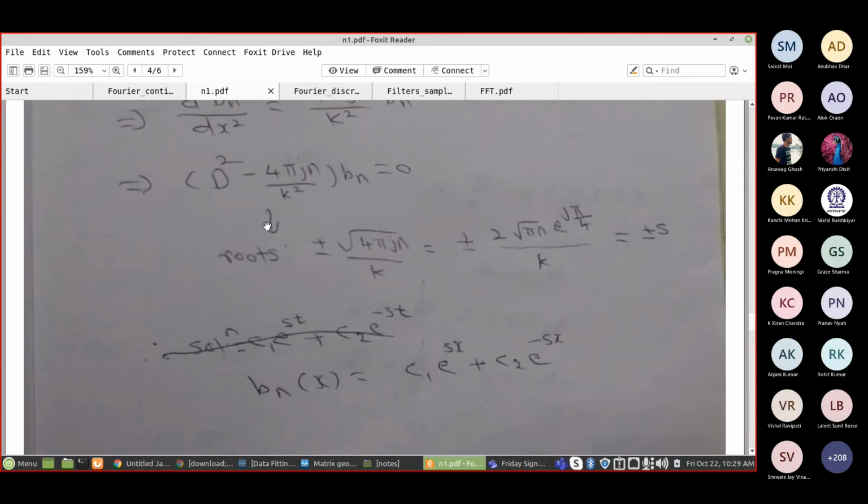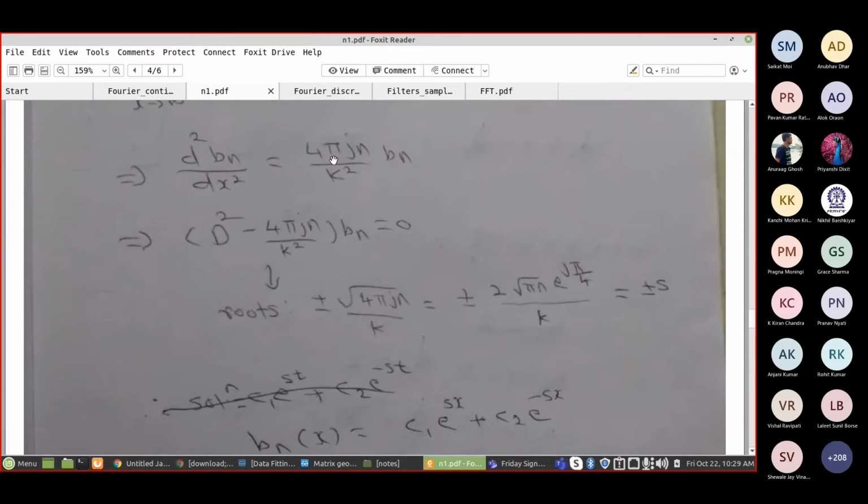So roots, let's take the square root of this. This turns out to be 2 comes out, root of pi n stays, and the square root of j is this quantity, which you can verify easily. This is cos of pi by 4 plus j sine pi by 4.